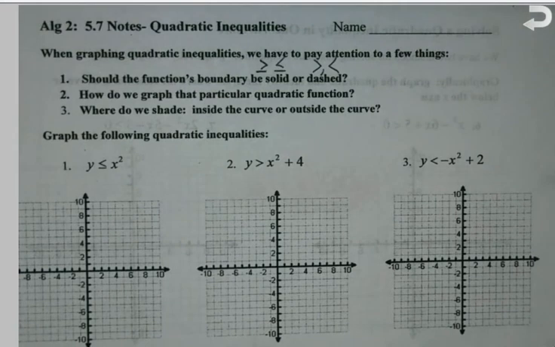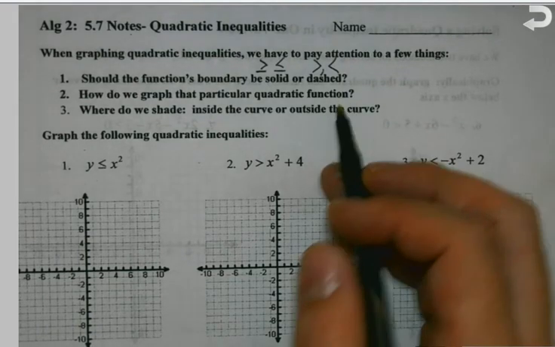Okay. Or dashed if it's just greater than or less than. Okay? So that'll be the first thing that we can pay attention to. How do we graph that particular quadratic? Sometimes if they're in standard form, we may have to find the vertex. Other times, if we understand what our mother graph should be, we might just have to do a quick shift, and it won't take us long. And we can always go to the calculator as a background if we need to.